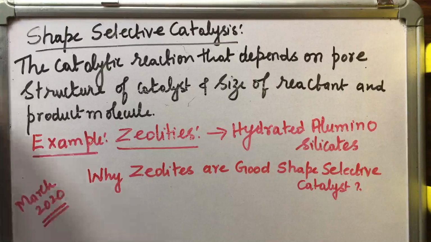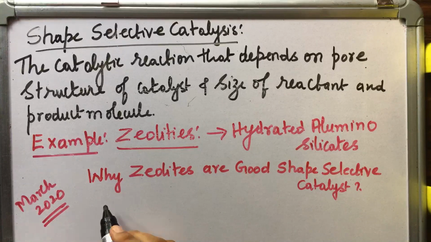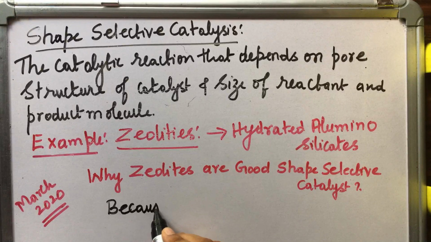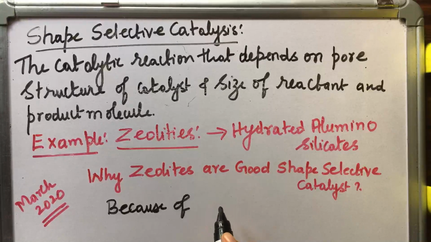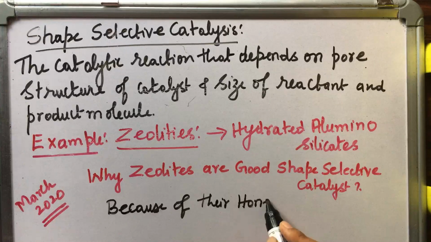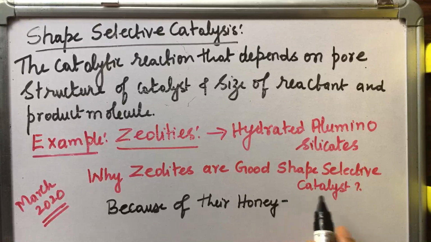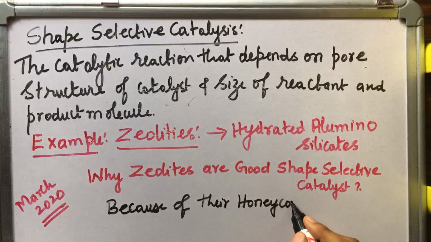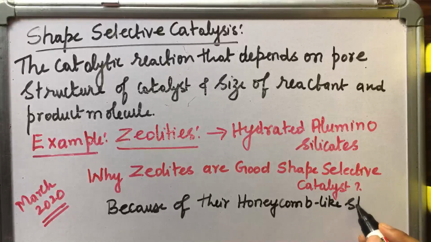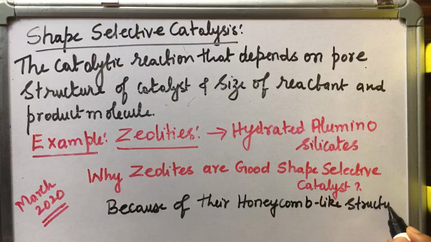So students, what is the answer? Zeolites are good shape selective catalysts because of their honeycomb like structure. Is it clear, students?